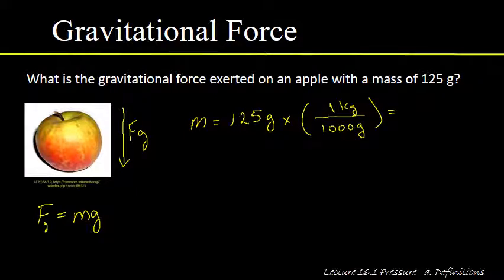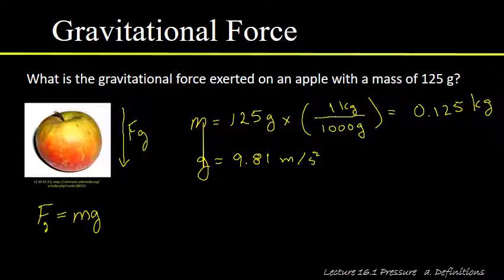So that means the mass of the apple is 0.125 kilograms. And g, we know that's a constant. g is 9.81 meters per second squared.